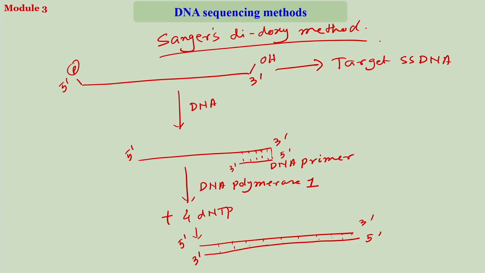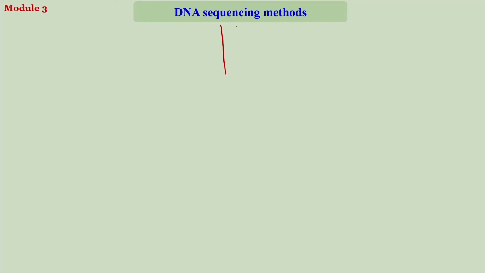So, nothing special here. What Sanger has done is that he has divided the sample into 4 different vials. So, if you have these, what is the composition now? You have your single stranded DNA, that is your target. You have your DNA primer, only one primer you had to use.